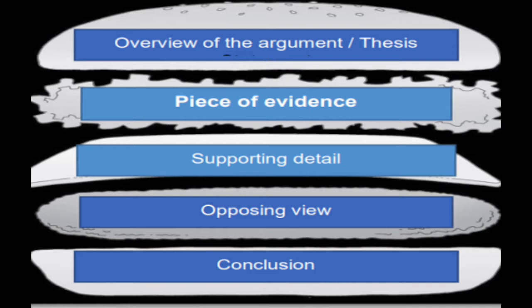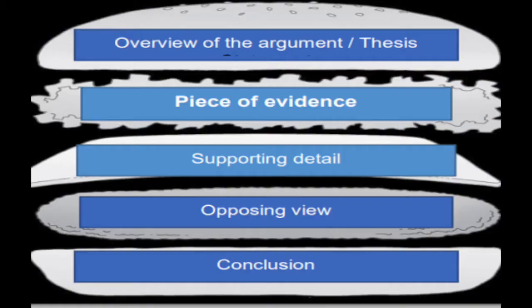Then provide supporting details for the evidence which you have provided and the opposing view. After that, you provide your conclusion. Okay? Let us examine the sample persuasive paragraph and let's analyze it using this graphic organizer.